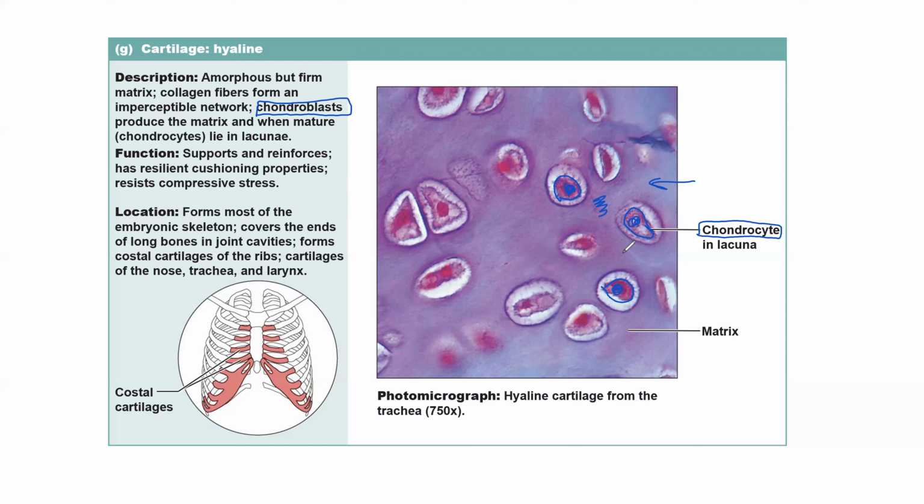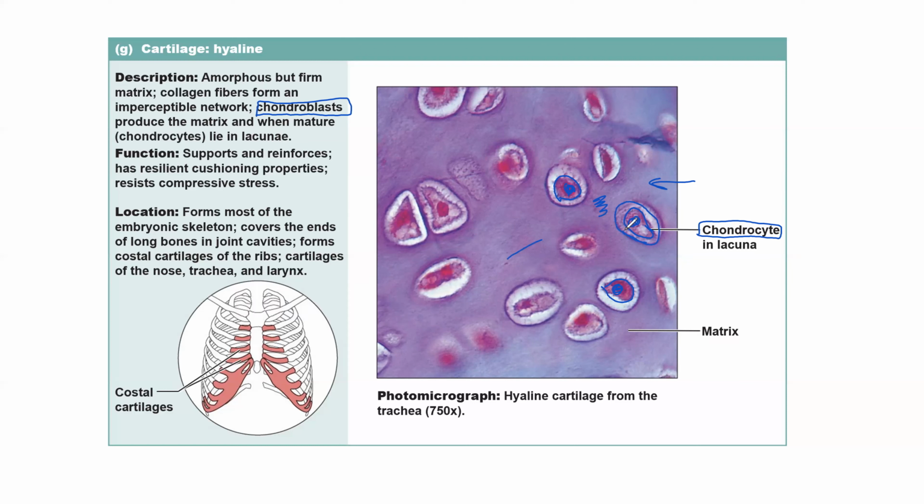Now, this matrix is pretty firm, right? It's amorphous. Amorphous means you don't see individual collagen fibers. You do have collagen here, but you don't see individual fibers. So it's amorphous, but very firm. When the matrix is firm, for cells to survive, they need a fluid surrounding them.